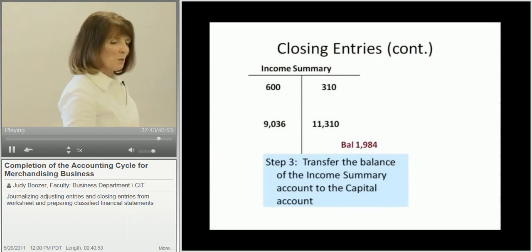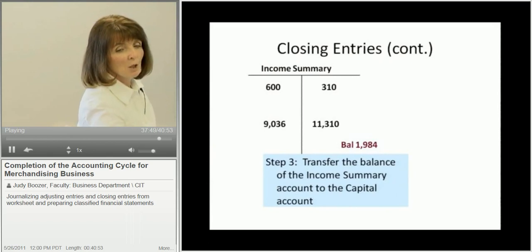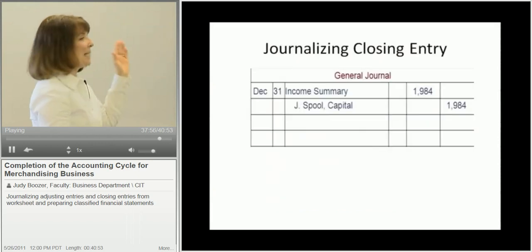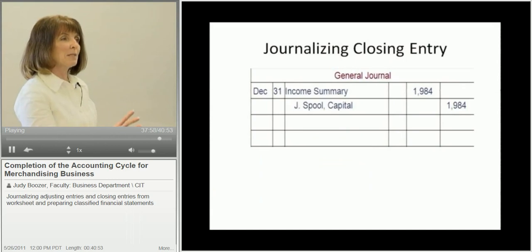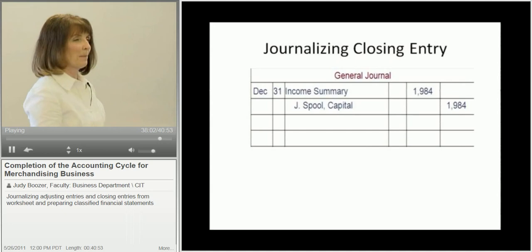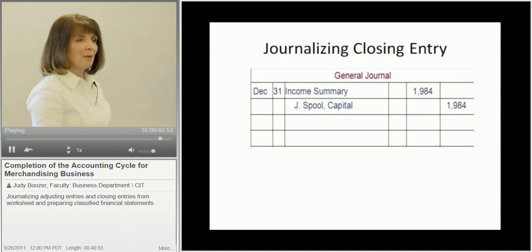So once we determine this balance of 1984 in income summary, we're then ready to journalize it. So if it had a 1984 credit in income summary, to close that out, we'd have to debit income summary. And we then would credit capital.